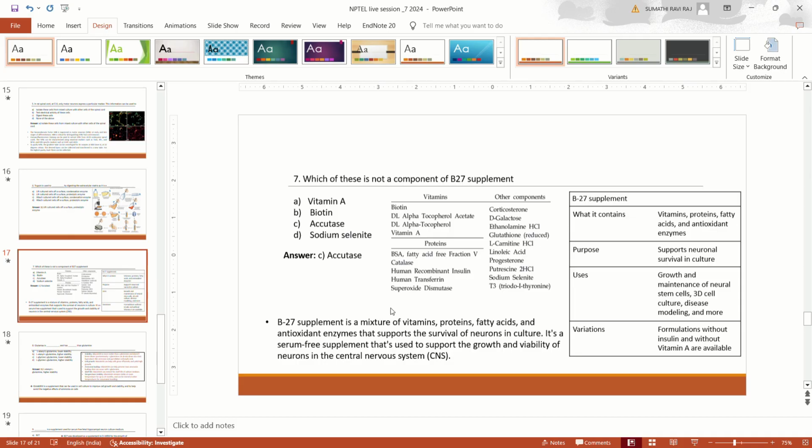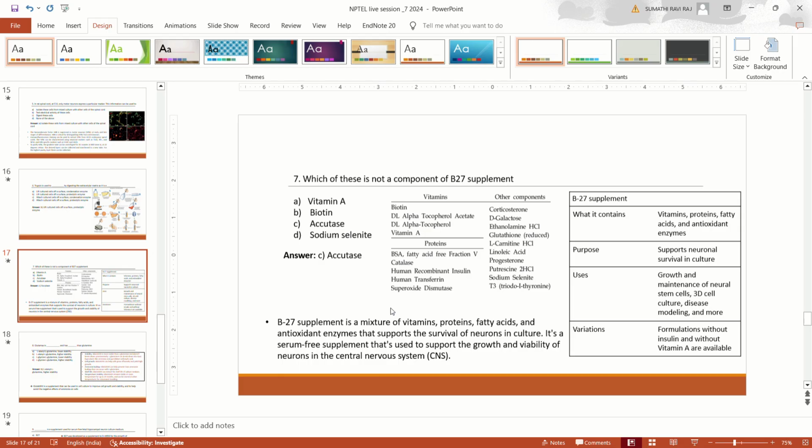So these are the components of your B27 supplement: biotin, DL-alpha tocopherol acetate, DL-alpha tocopherol, vitamin A, some proteins like BSA, fatty acid free fraction V, catalase, human recombinant insulin, transferrin, superoxide dismutase, etc. And other components like your corticosterone, D-galactose, ethanolamine, glutathione, L-carnitine, linoleic acid, progesterone, putrescine, sodium selenite, T3, etc. So your B27 supplement contains vitamins, proteins, fatty acids and antioxidant enzymes majorly.